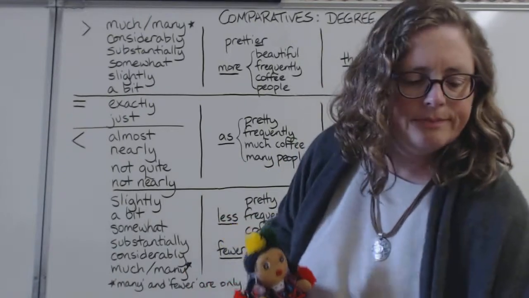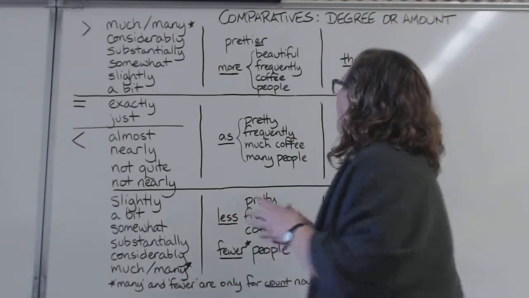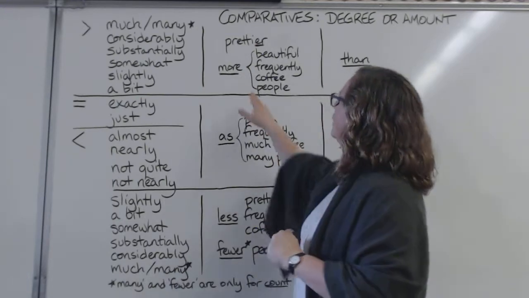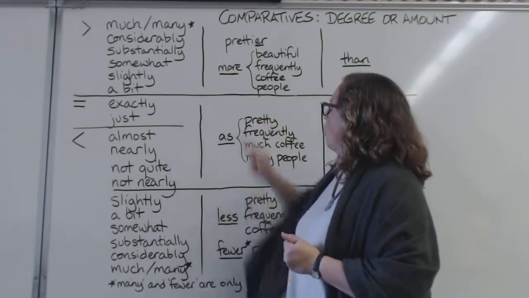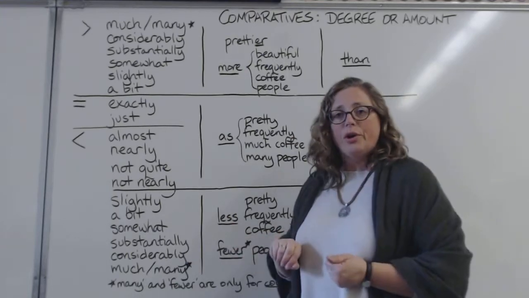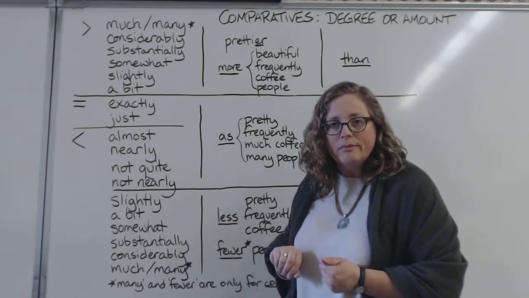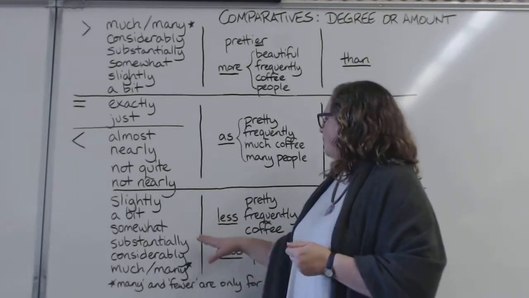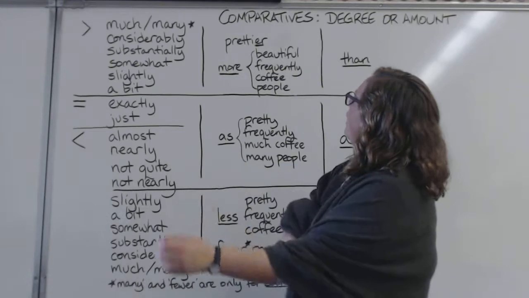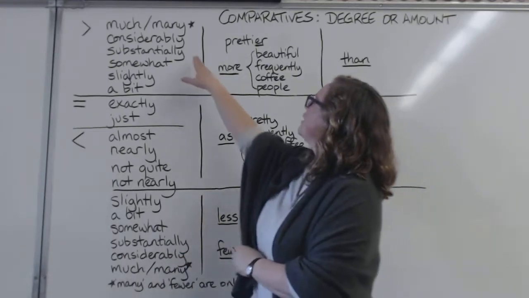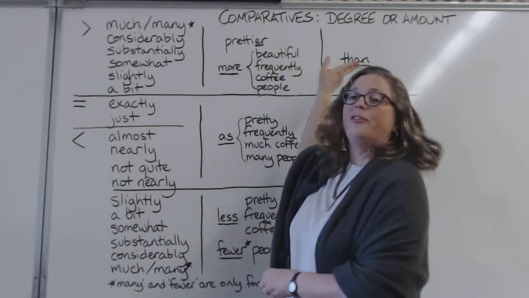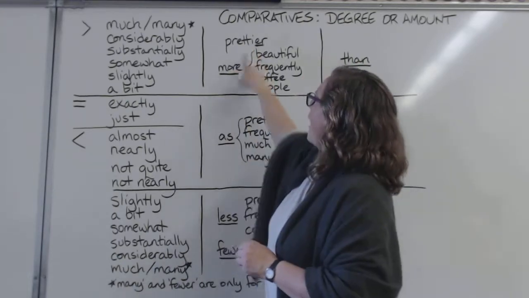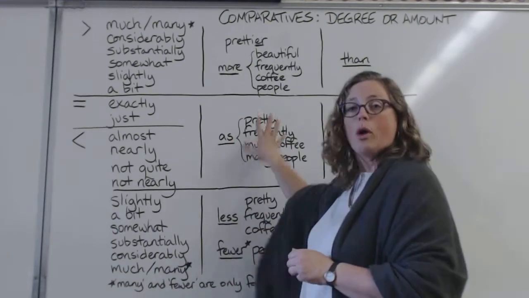What else? You know, I think sometimes people get confused also. Do you need to include the more or the less or the fewer? Yes. It is not possible to say this, let's see, what would be an example? She is substantially beautiful than. You need to use a comparative form.